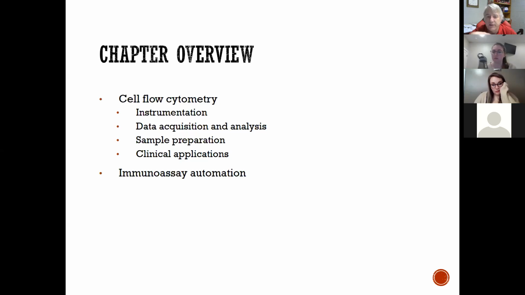And some of that is based on this technology. So when we say it hasn't been in the lab and it's not part of the lab, it kind of is when we think about a hematology analyzer and how we do a differential. So we're going to talk about the instrument itself a little bit, how the data is acquired, and a computer is needed. Okay, so you're not going to be like, oh, I got the counts.